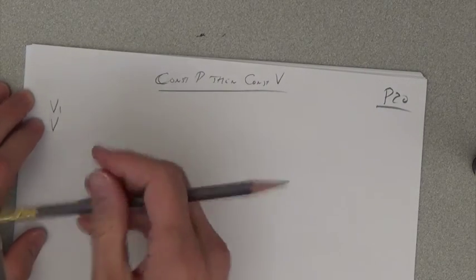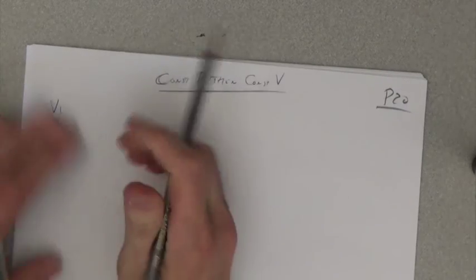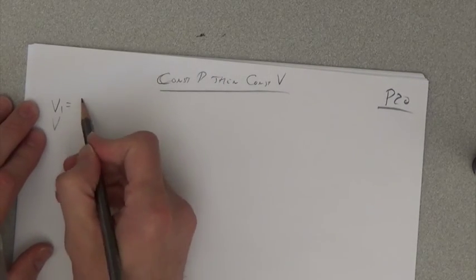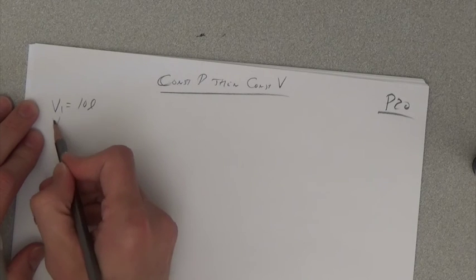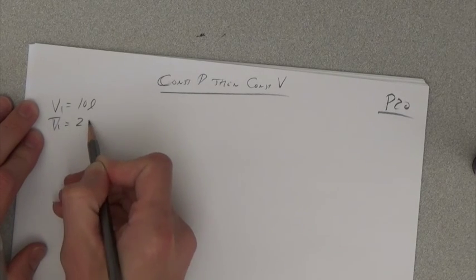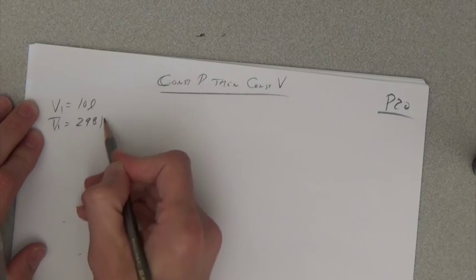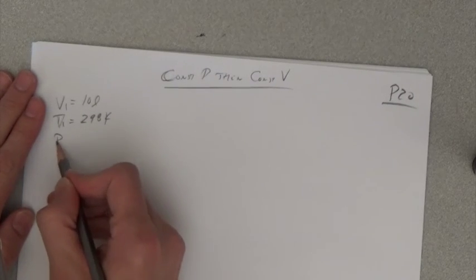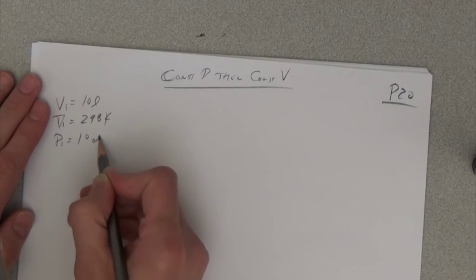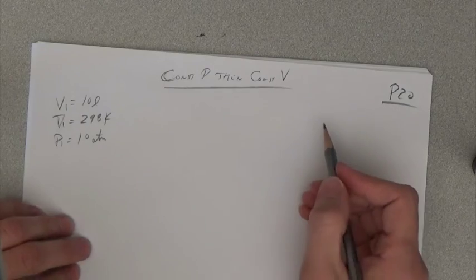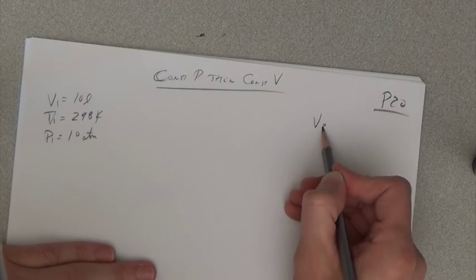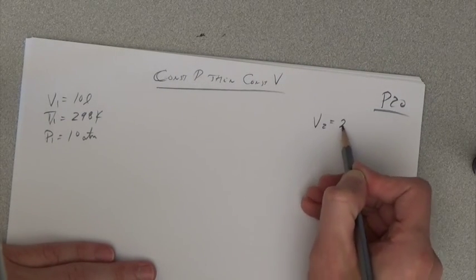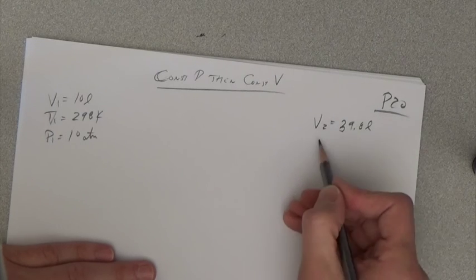V1 is equal to 10 liters. T1 is equal to 298 K. P1 is equal to 10 atmosphere. V2 is equal to 39.8 liters.